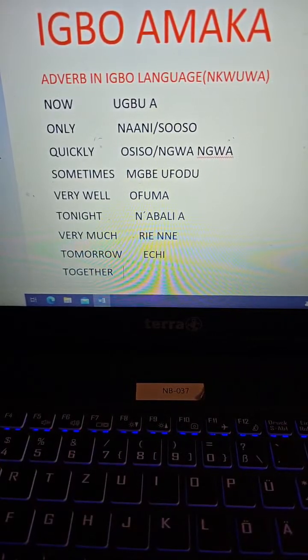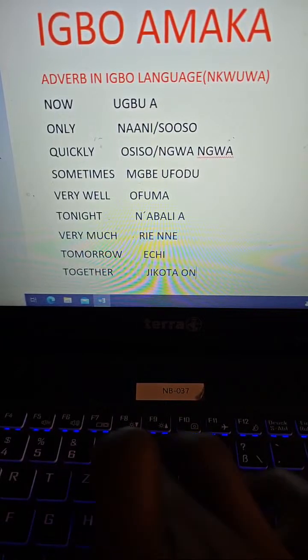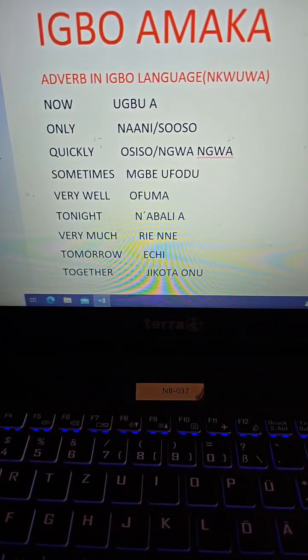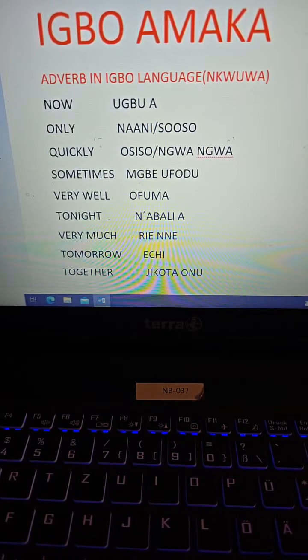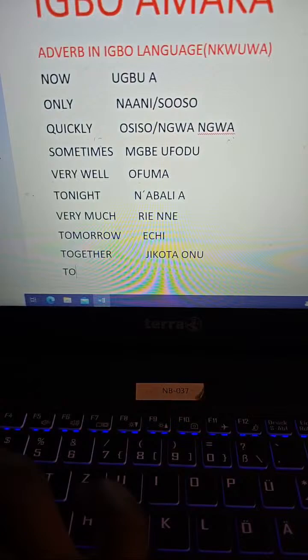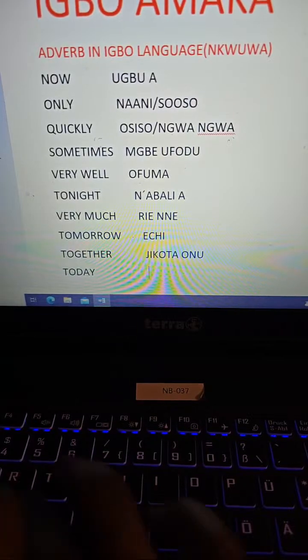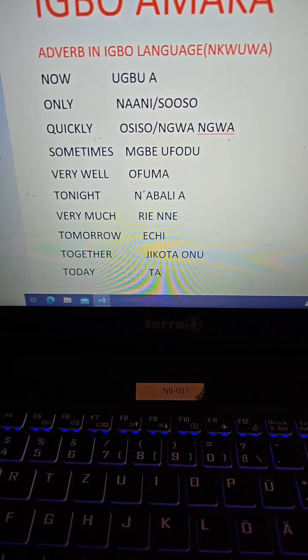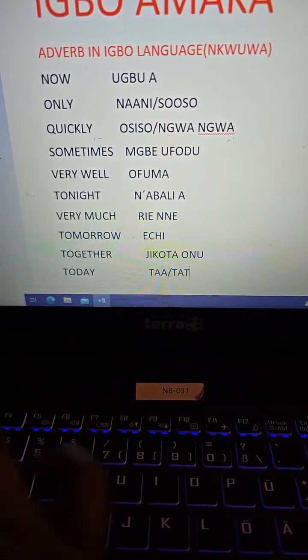Jikọta ọnụ ma ọ bụ ọnụ. Jikọta ọnụ. Today. Tata. Taa ma ọ bụ tata.